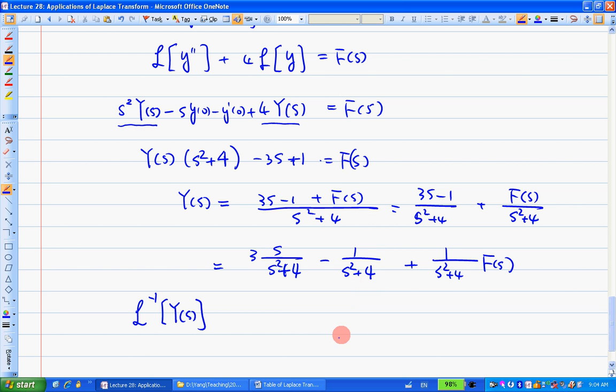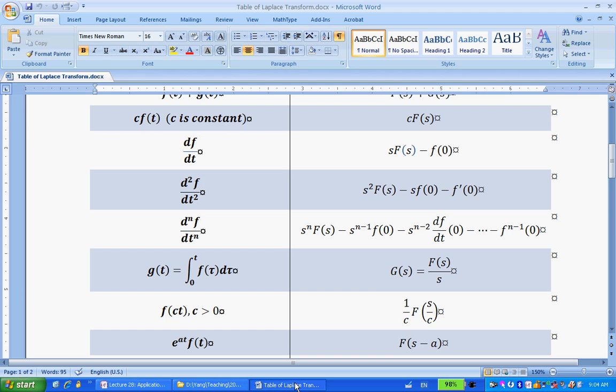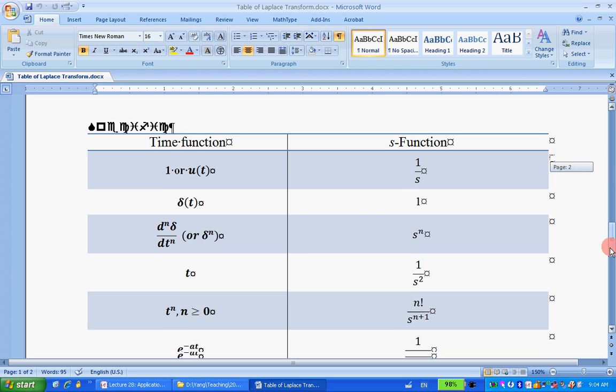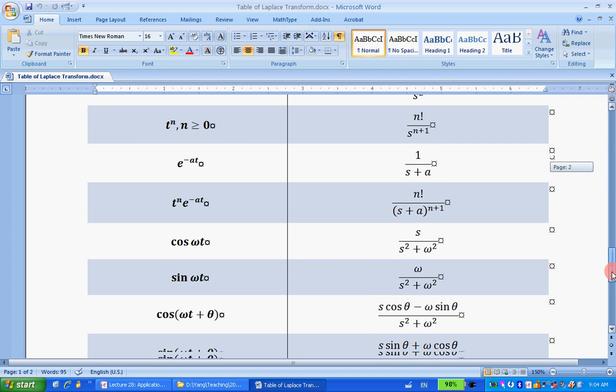So if I look at my table, let's see the inverse Laplace for the first term, the second term, and the third term. Do I have a similar Laplace transform in this table? Which one is similar? This one here, right?